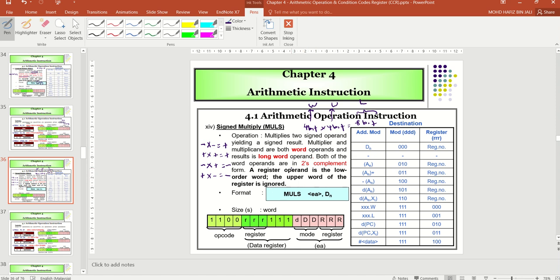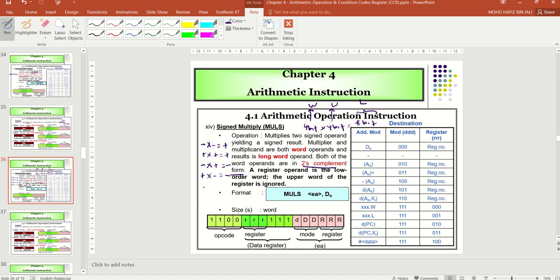So both the word operands are in two's complement form. Two's complement form is the technique to represent negative numbers. So how to determine whether the word size of the data is negative or positive?